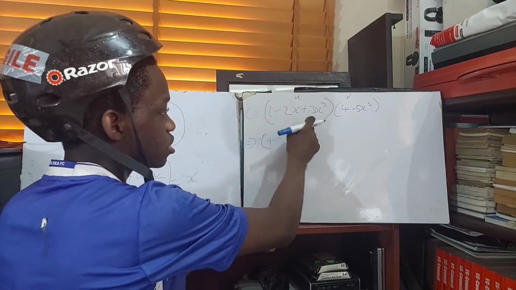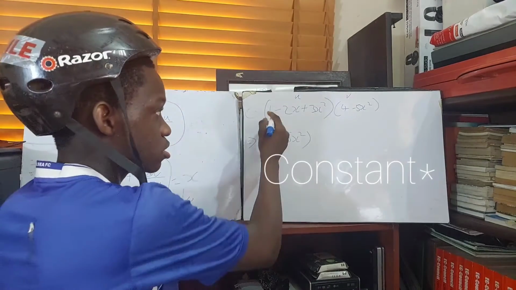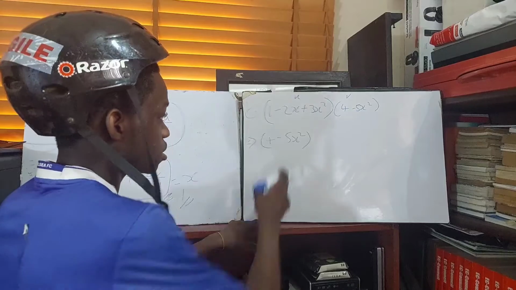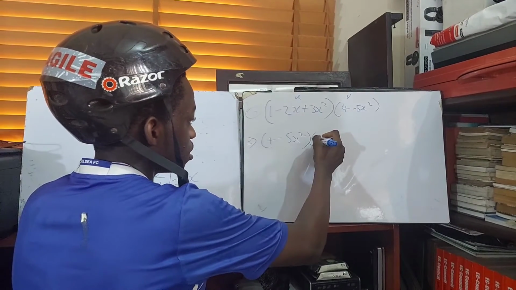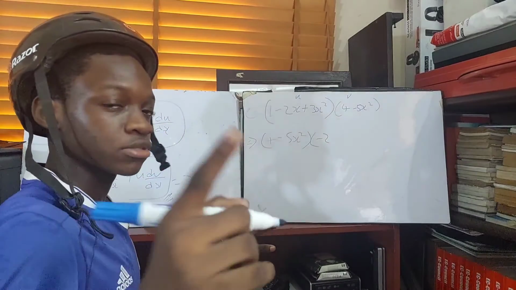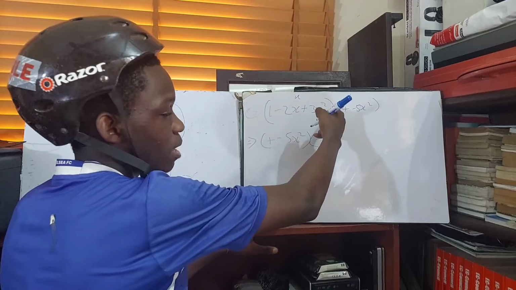Now we're going to differentiate u. When you are differentiating, the constant will become 0. Differentiating 2x, it will become the number, so negative 2. Differentiating 3x squared, you multiply the power by the coefficient, then subtract 1 from the power.